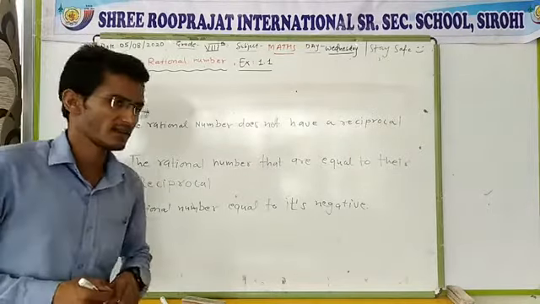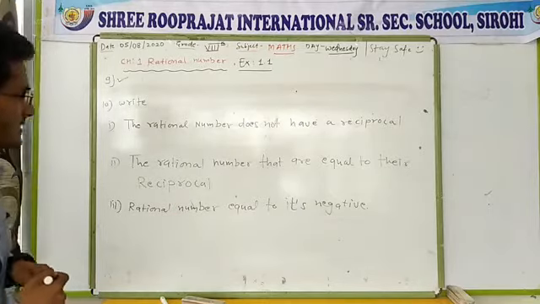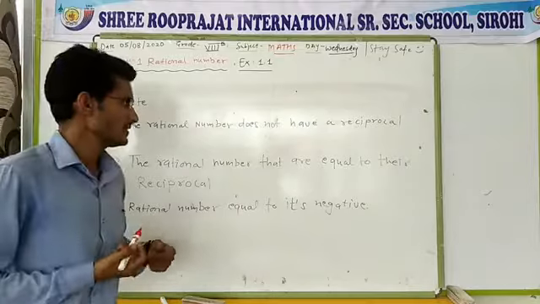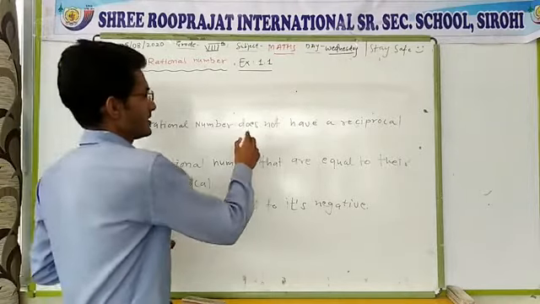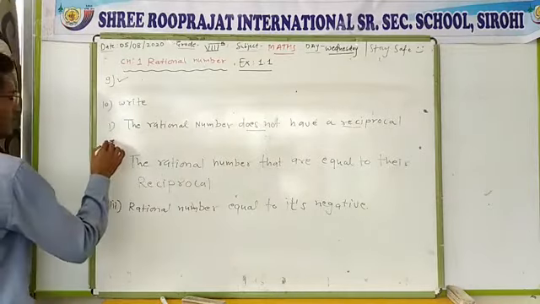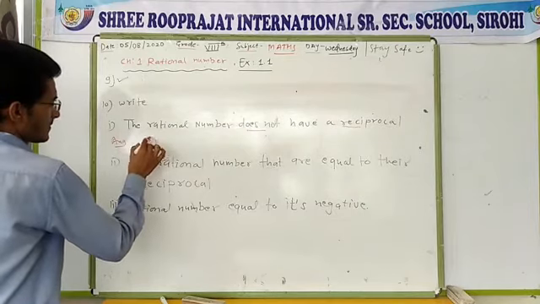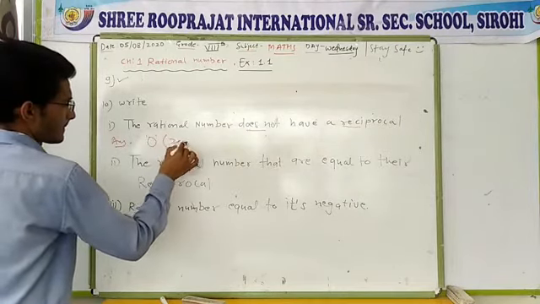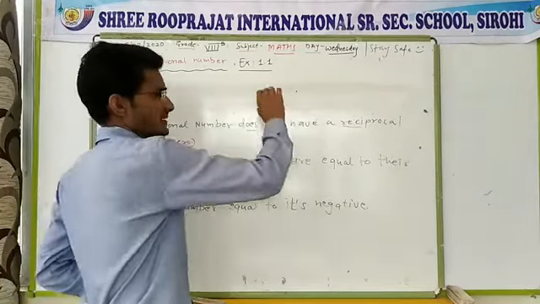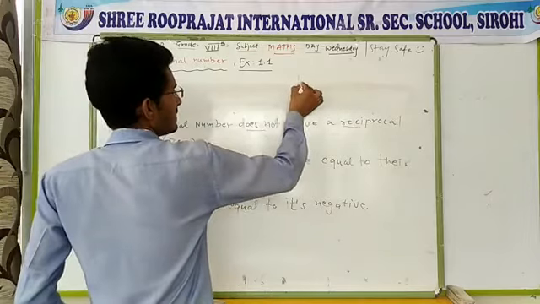Number 10, yes, three statements are given and you have to give the answer. The first one: a rational number that does not have a reciprocal. Which is that number? As we learned earlier, that number is 0. Why? If you multiply a number by its reciprocal, you will get 1, like 1 by 5.